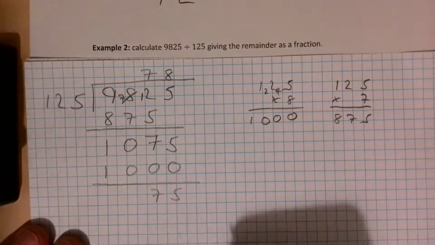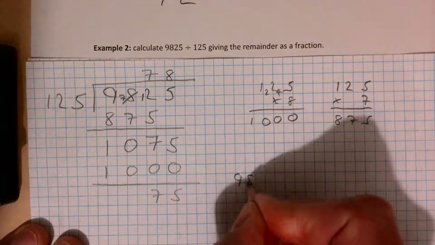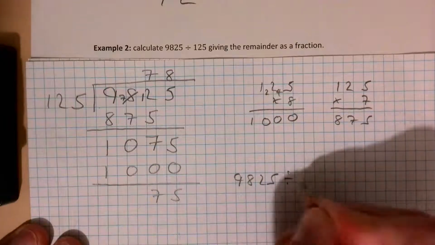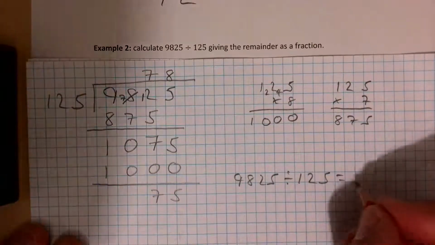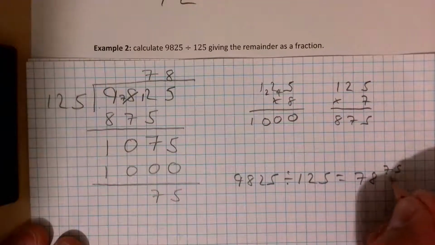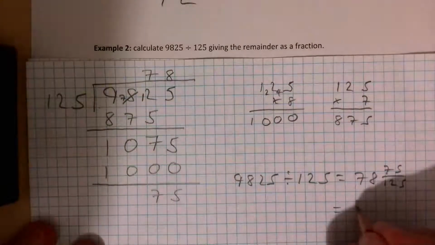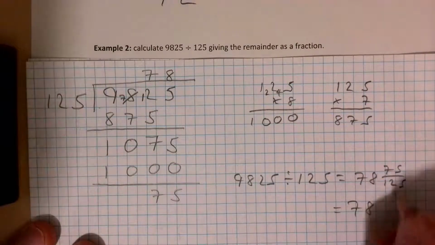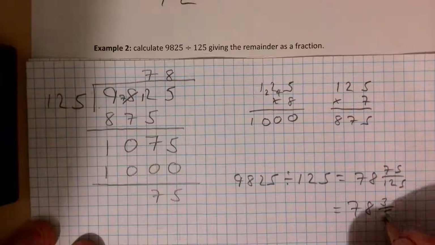So the answer then, as we see it, if we have 9,825 divided by 125, that's going to give us 78 and 75 over 125. Of course that fraction is going to cancel down. Actually divide top and bottom by 25, so it'll be 3/5.